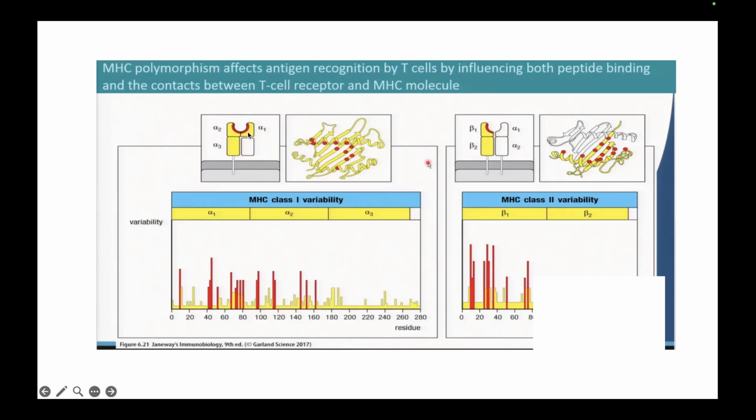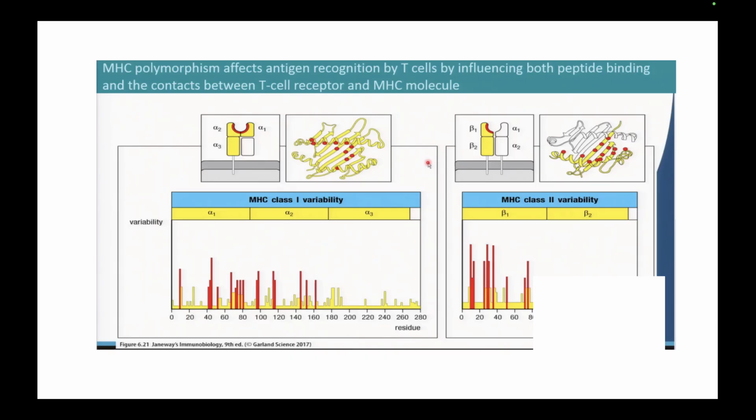We have seen in the previous classes, class 1 has one single subunit of alpha 1, alpha 2, alpha 3, and the beta. Class 2 has alpha 1, alpha 2, and beta 1, beta 2. Here you can see the red cleft where the antigen binds. With the help of this cleft only, the antigen is presented to the T cell.